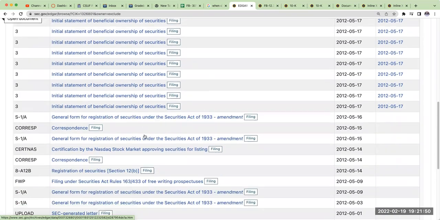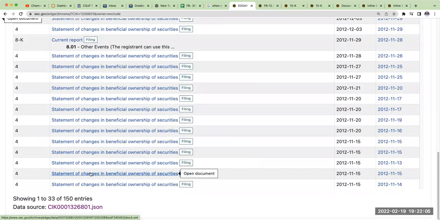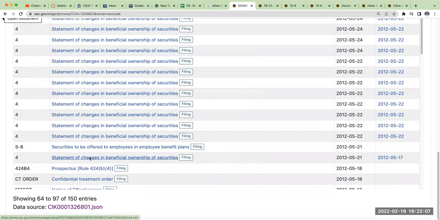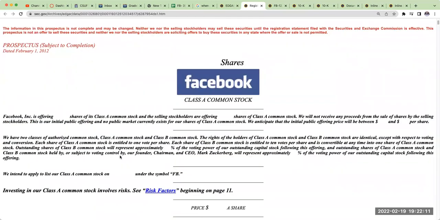So this is what I was looking for. Facebook filed their Form S1, which is a statement to register their securities with the SEC. And this happened on February 1st, 2012. Let's go ahead and pull this one up and see what happens.